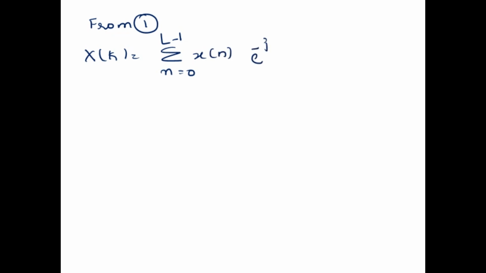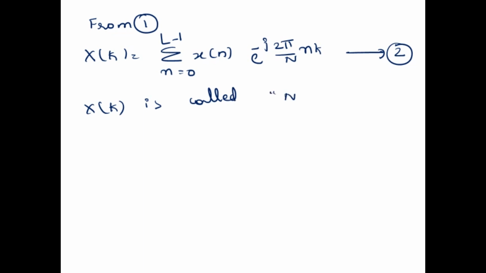From equation number 1, we can write X of k is equal to summation n is equal to 0 to L minus 1 x of n e power minus j 2 pi by N into nk. Call it as equation number 2, where X of k is called N point DFT of x of n.